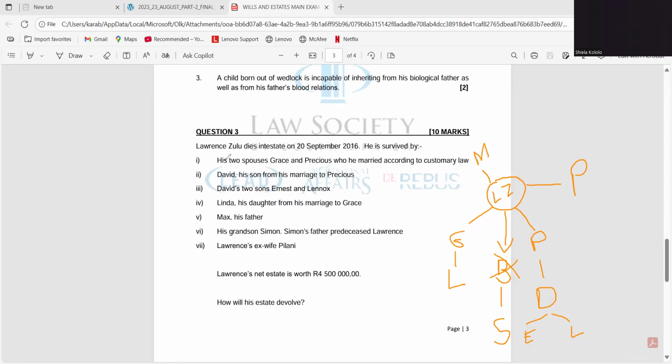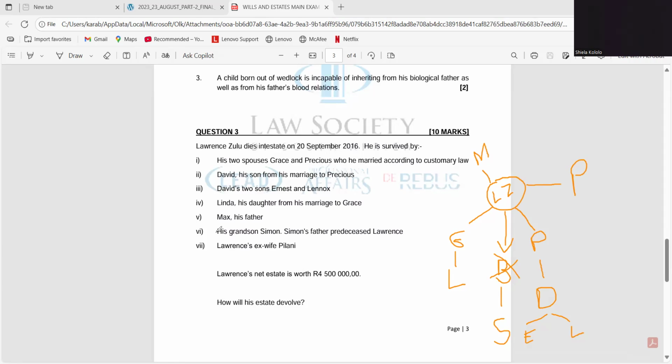So you write: each spouse is entitled to inherit a child's share or 250,000, whichever is greater. You probably get a mark or two, depending on the examiner. And then you proceed. So how much is a child's share?